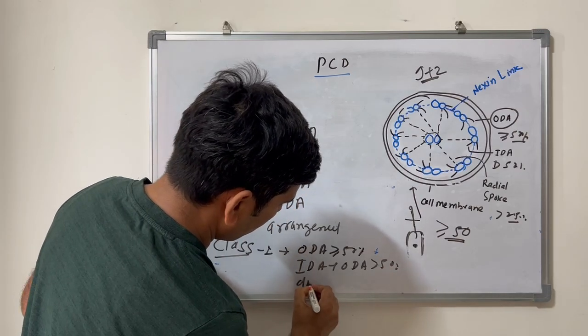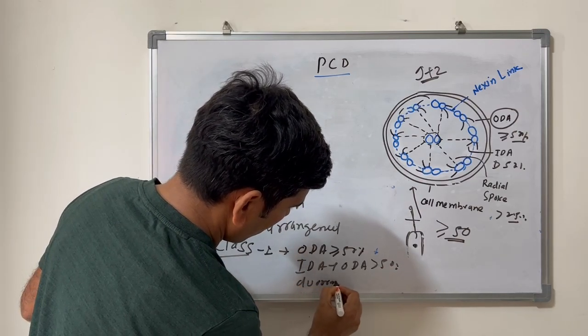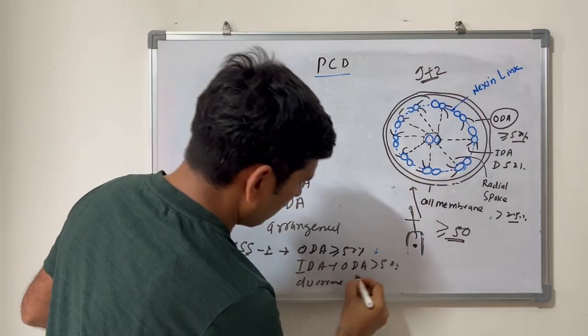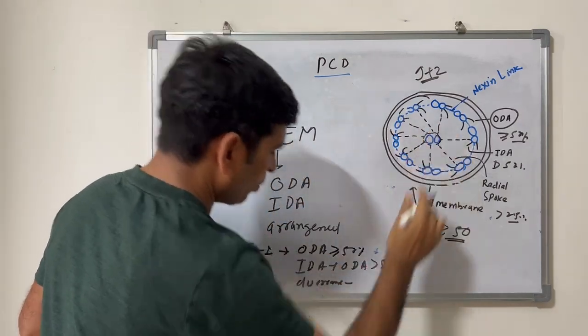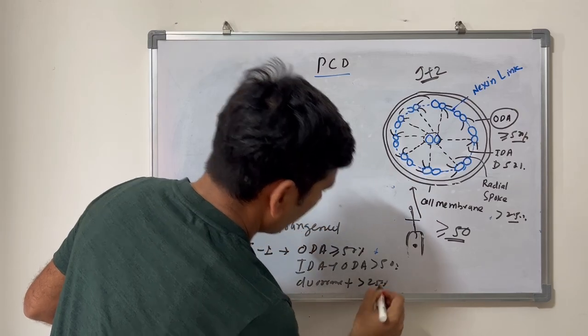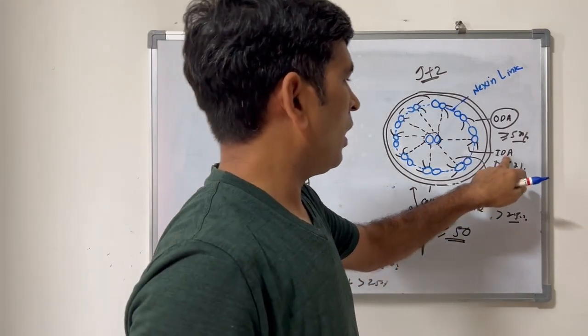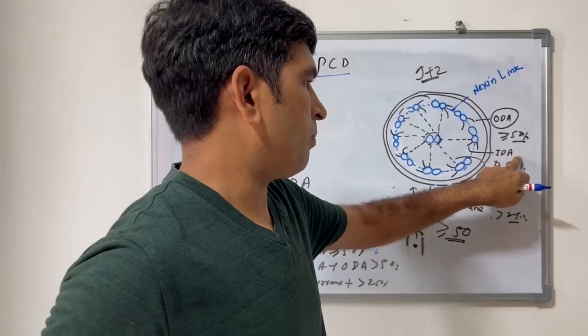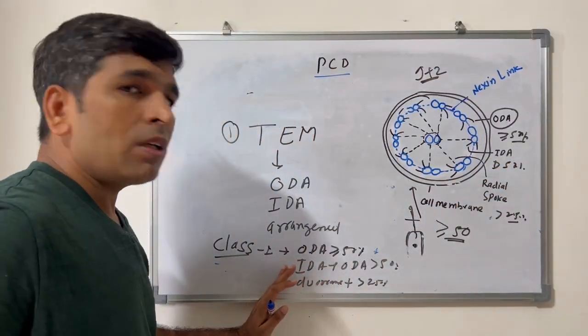Or disarrangement of the peripheral microtubules plus more than 25% defect in the inner dynein arm. So this is a class 1 defect.